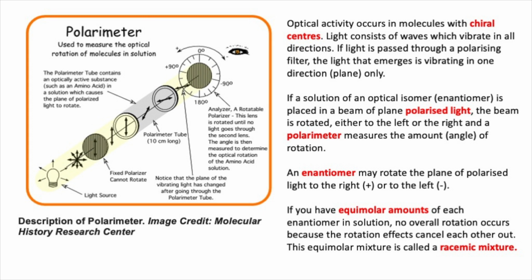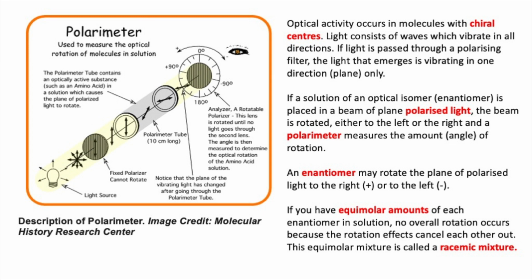That's what we mean by plane polarized light. Now, if a solution of an optical isomer or enantiomer is placed in the beam of plane polarized light, the beam is rotated either to the left or to the right, and a polarimeter is used to measure the amount of rotation or the angle of rotation.